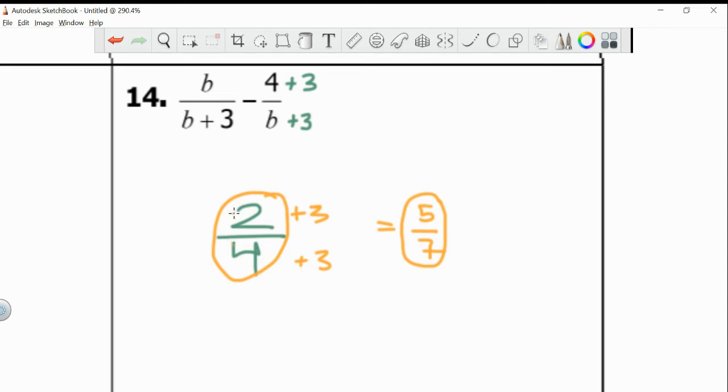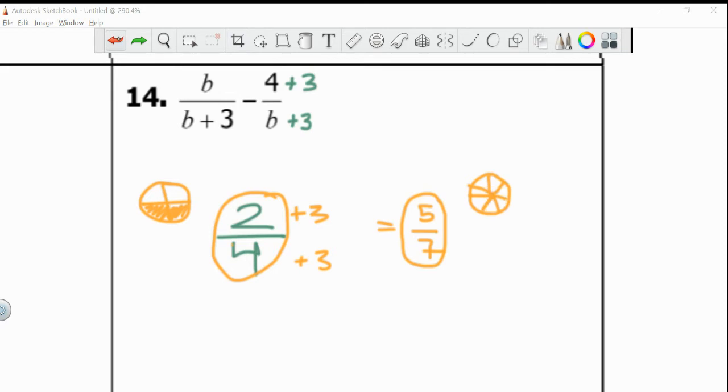This one right here, this is 1/2. This is half a pizza, 2/4. This one right here, oh, I'm going to have to draw 1/7 of a pizza. Not bad. This one right here is 5/7. 1, 2, 3, 4, 5. Yeah, these are not the same fraction. And so adding 3 is not allowed, okay?